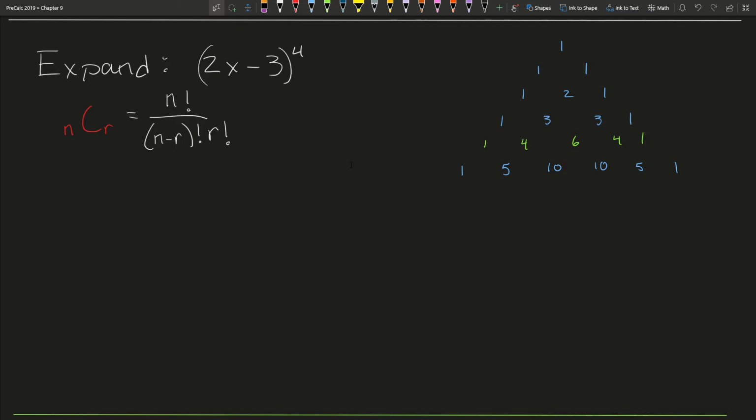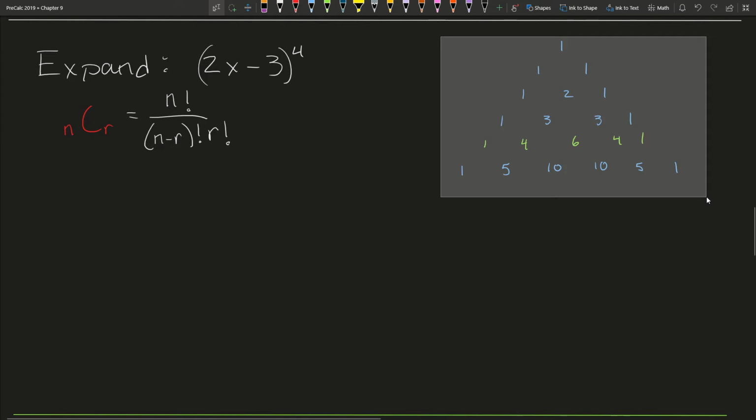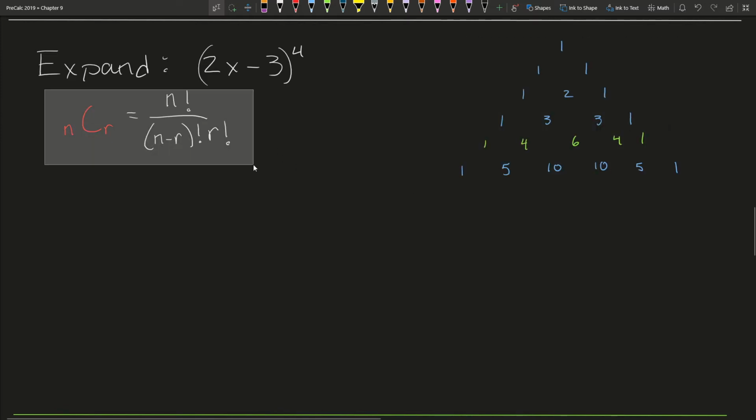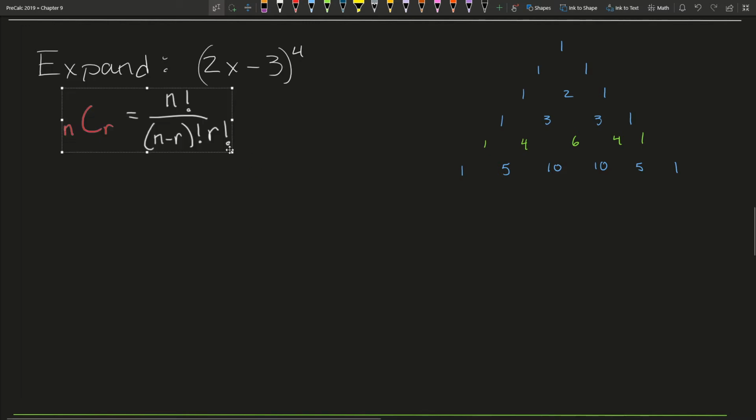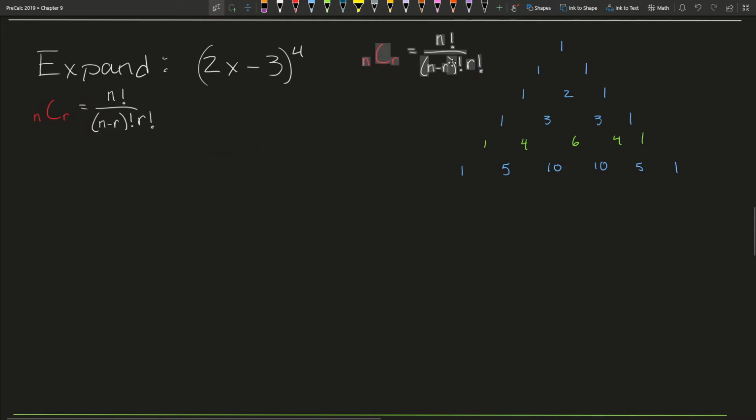All right. And I have a couple things written here. I have this Pascal's triangle, and I also have this equation. This equation really isn't super important for these lower ones, but it becomes much, much more important a little bit later on. So I'm going to make this a little bit smaller and put it out of the way.